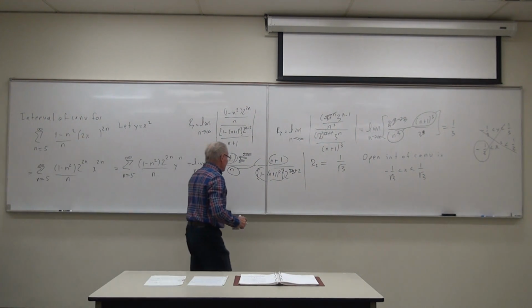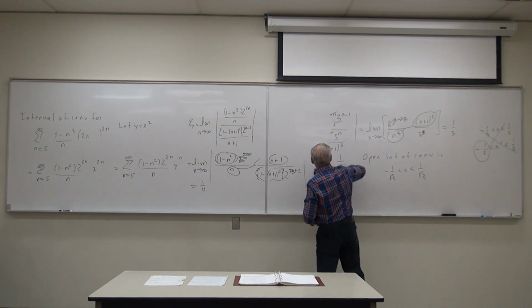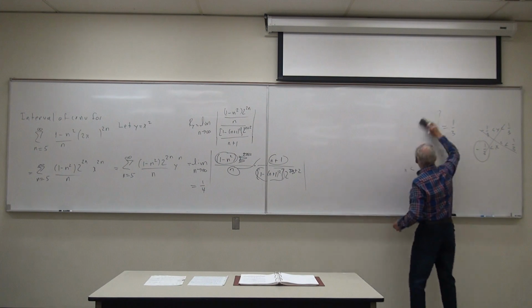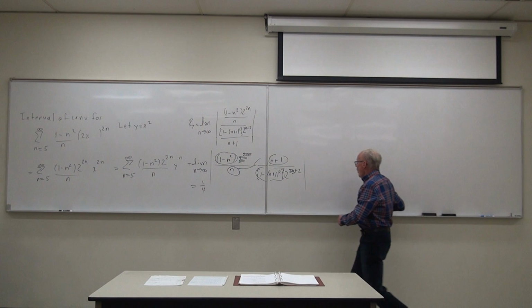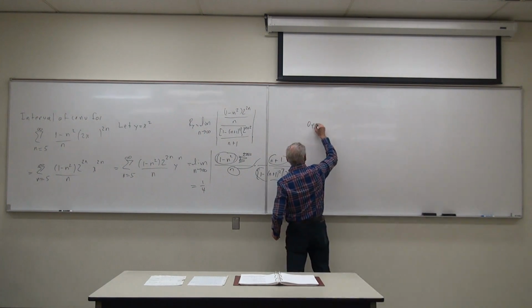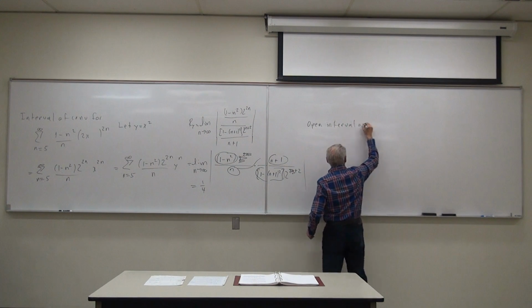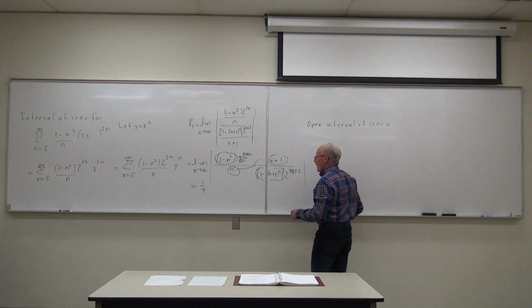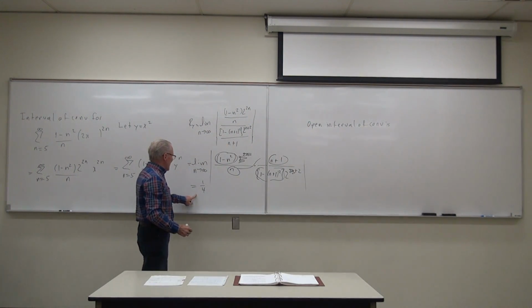So the open interval of convergence we now know. This was our y radius, we need the x radius.